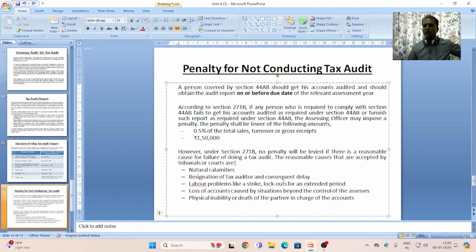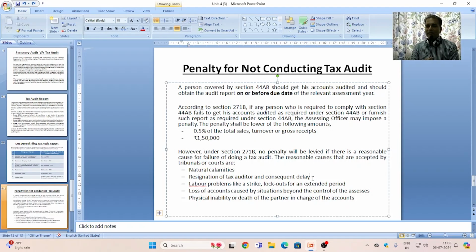If some natural calamity is there and due to it the SSC didn't get his books of accounts audited, then the penalty under section 271B for not conducting the tax audit may be waived by the tax authority. Second, resignation of the tax auditor and consequent delay.